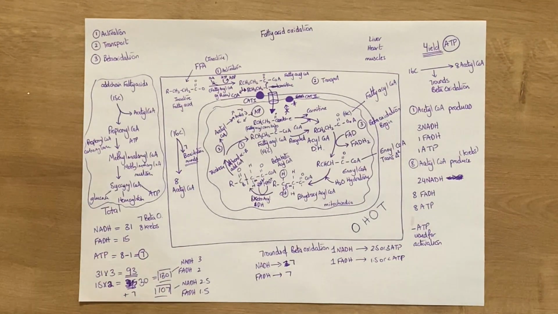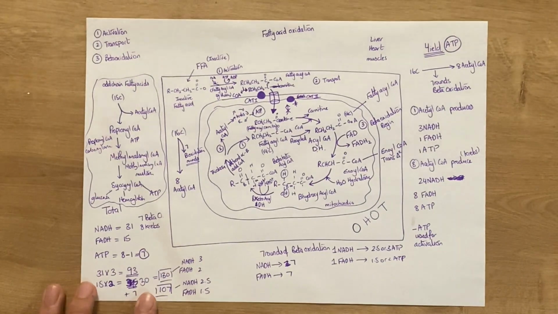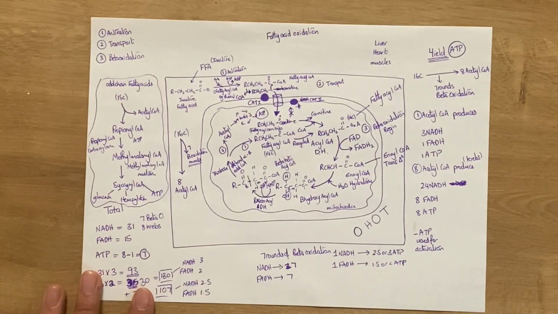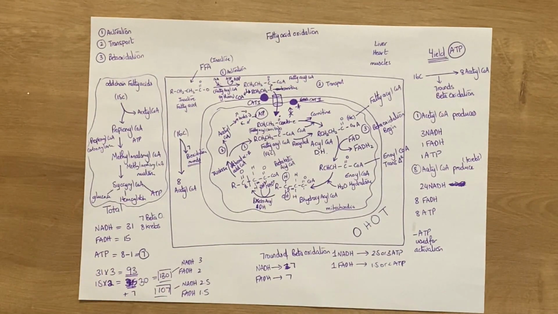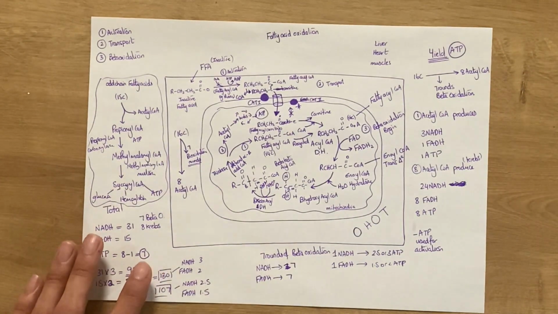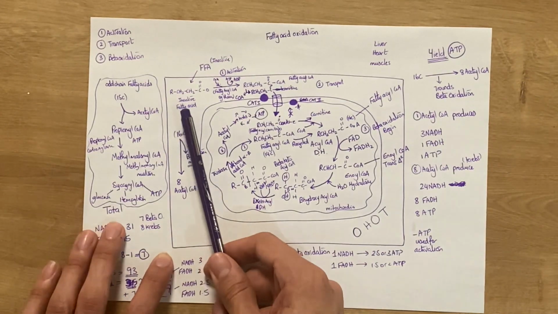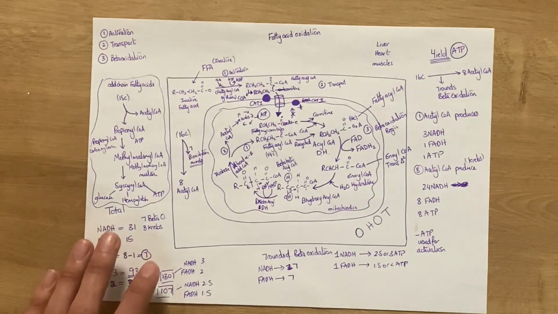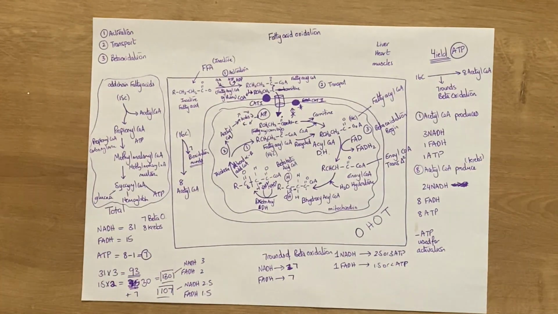So just to have a general idea of what this process includes, it includes activation, it includes transport, and it includes beta oxidation. Okay, so fatty acids, just like any other molecule, can be transported into the liver, and they may not be in their active form, and their active form contains a CoA molecule. So an inactive form would be taken into the liver and then converted into an active form by the effect of fatty acyl CoA synthase.